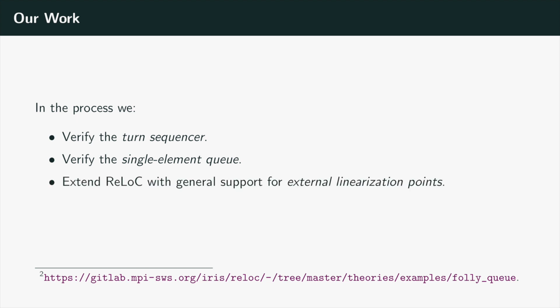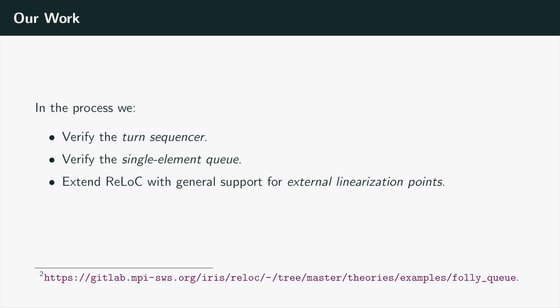Finally, during our verification, it turned out that the MPMC queue has what is called an external linearization point, and that ReLoC isn't able to verify data structures with external linearization points. Therefore, in order to verify the queue, we had to extend ReLoC with additional capabilities that make it possible to handle external linearization points.